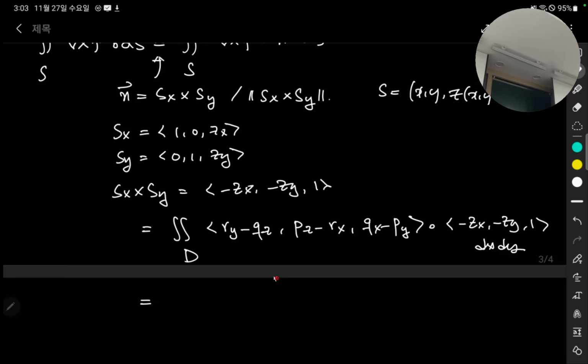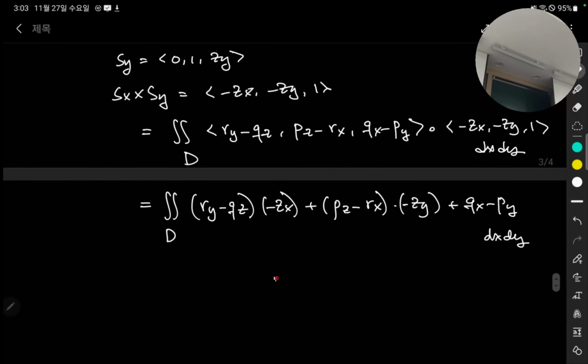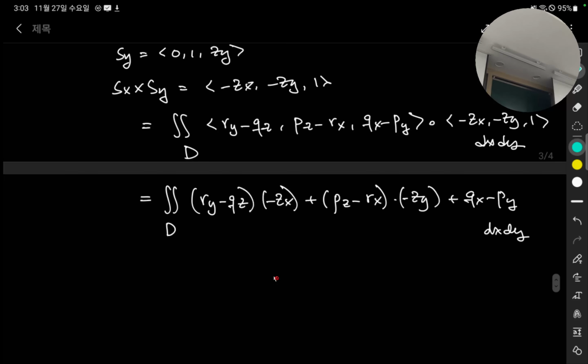So let's expand this. So here we have (R_y minus Q_z) times minus z_x plus (P_z minus R_x) times minus z_y, and (Q_x minus P_y) dx dy. There is some canceling out. No, there's no canceling out, right?